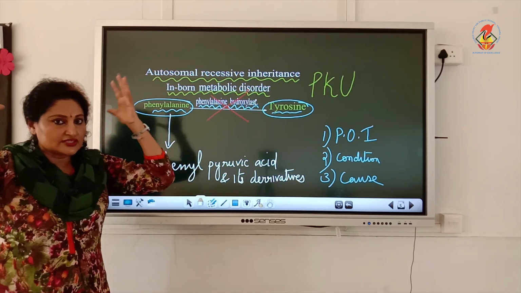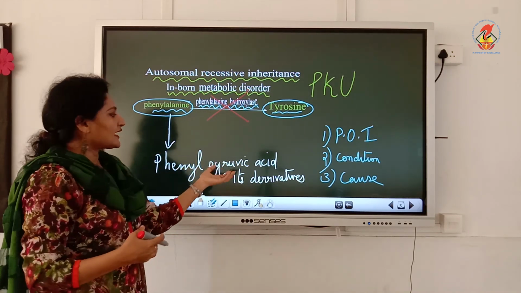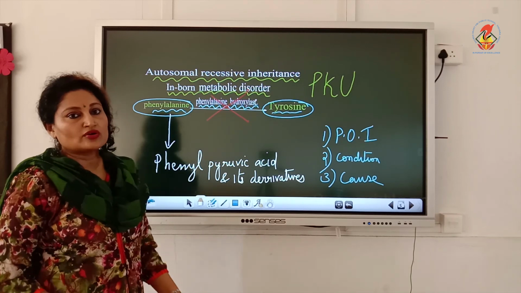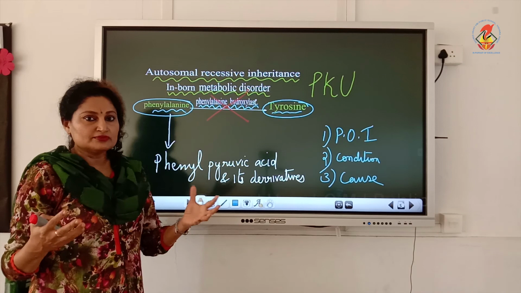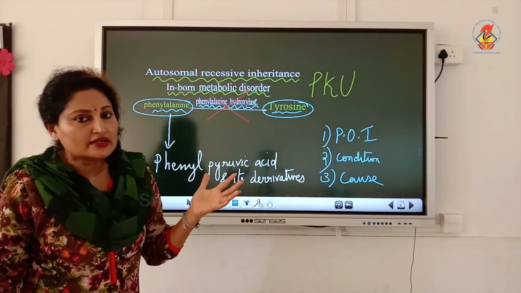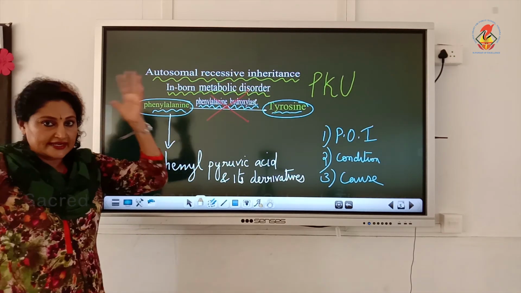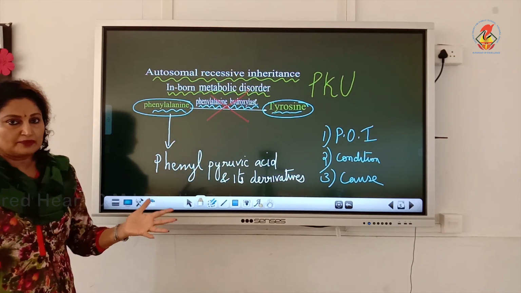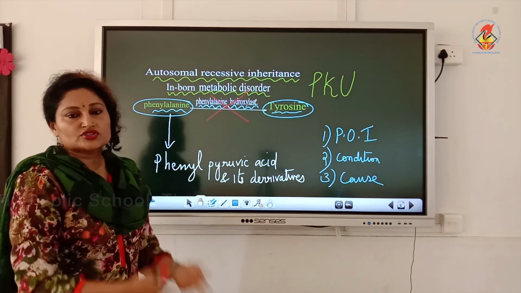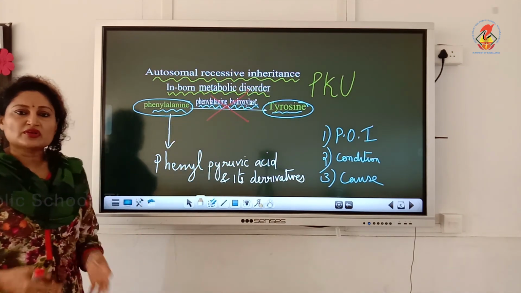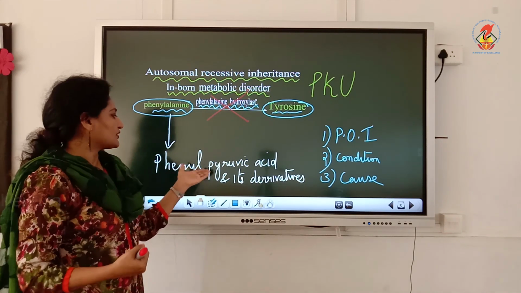Not only that, a lot of this phenylpyruvic acid is also excreted through the urine because of the poor absorption capability of the kidneys. So the two symptoms: mental retardation, because of the accumulation of phenylpyruvic acid and its derivatives in the head, and loss of phenylpyruvic acid through the urine, because the kidneys do not function properly and do not absorb this derivative.